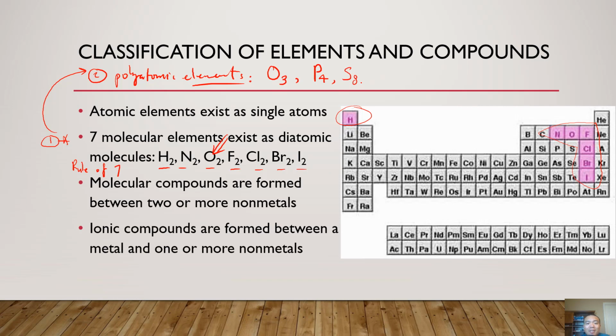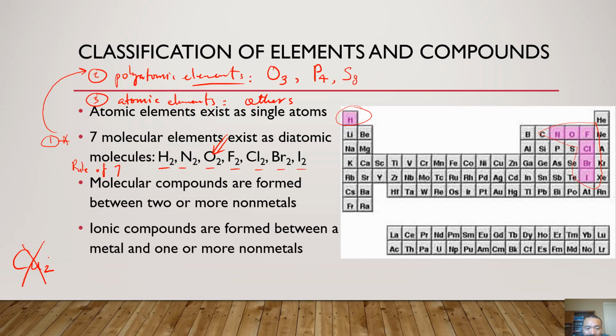All right. Then what about all the other elements? If you remember what is diatomic and what is polyatomic, then the monatomic, or simply atomic, elements would be the rest of the elements in the periodic table. So that means all other elements. For example, if you write something like Cu2, that's wrong because it's not one of the 7 elements.